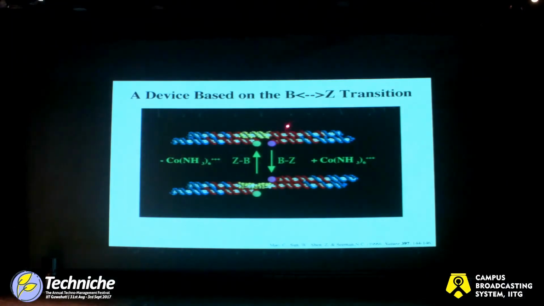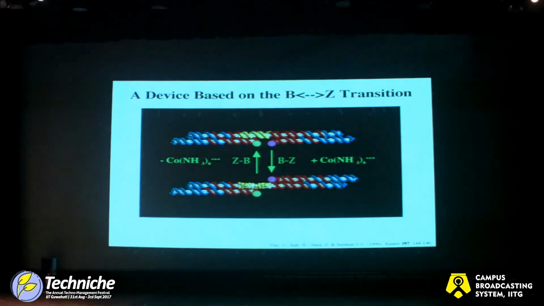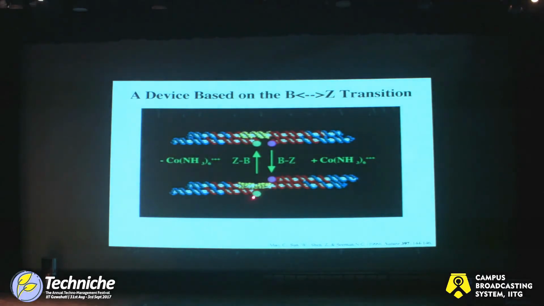This was a DX, this was a DX, 2 double helices of DNA, and the middle was a bit of DNA that could turn into something known as zDNA, which is left-handed DNA. And it could do that only when cobalt hexamine was added to the solution. When that happened, this domain of DNA would flip to the other side of this long shaft, and we could tell that by fluorescence resonance energy transfer between these 2 dye positions.